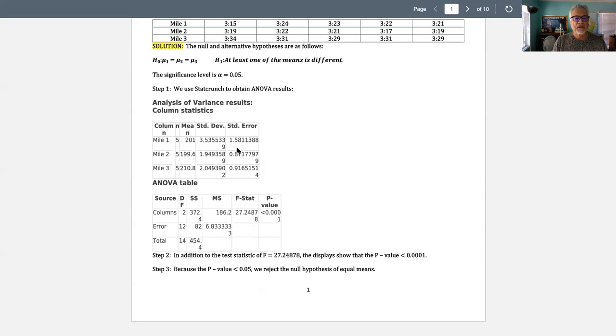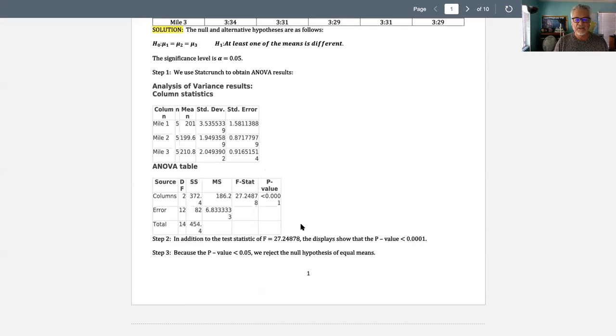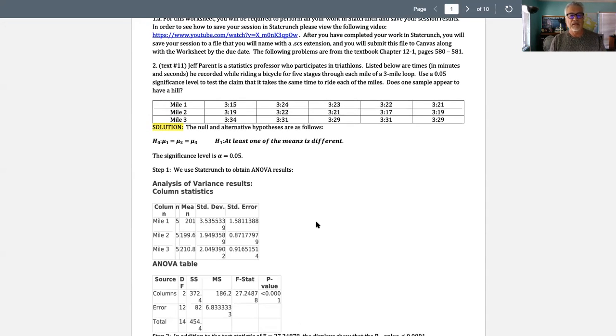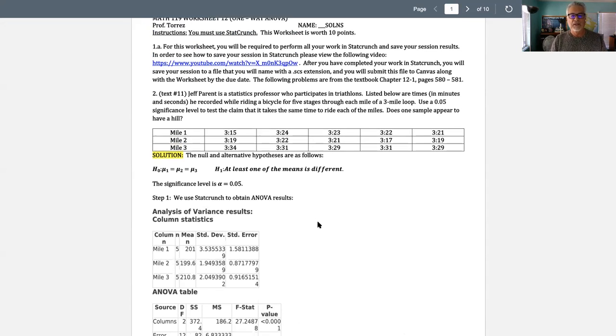So just remember that any numbers that fall in this space here belong upstairs with the rest of the numbers, and you'll see that in several of these little boxes here. And I don't know how to repair that. We can't do any editing once it gets uploaded into Canvas.